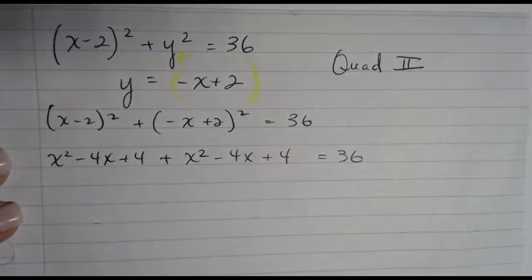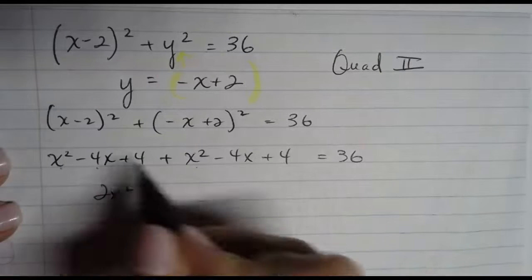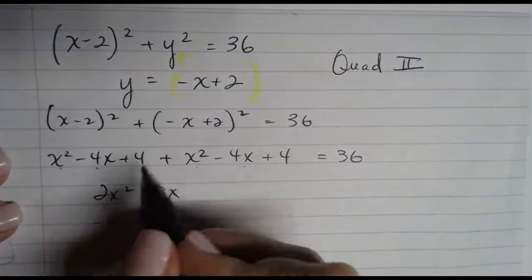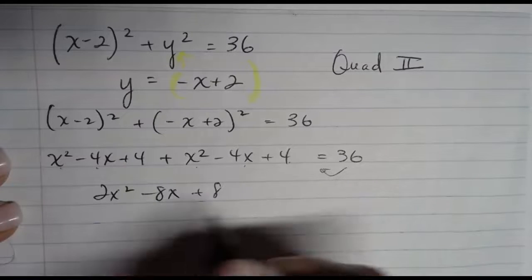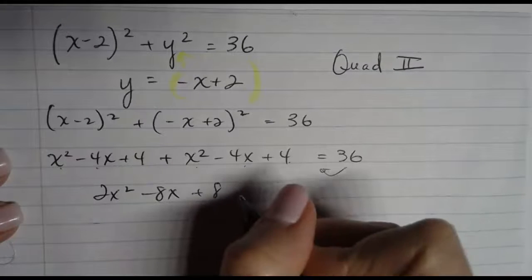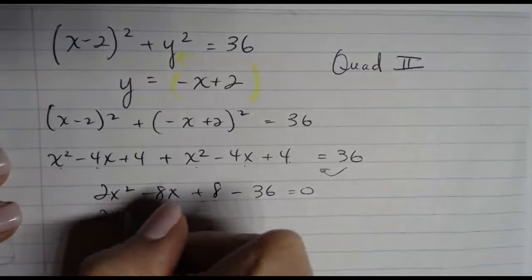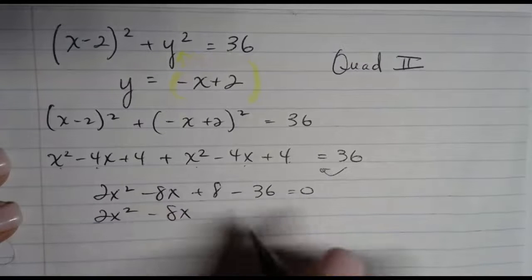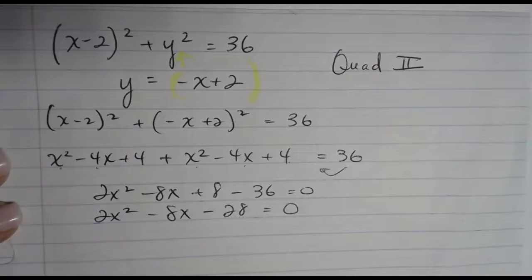From here, combine like terms. X squared plus x squared is 2x squared. Negative 4 and a negative 4 is a negative 8. 4 plus 4 is 8. And I'm going to bring this over because this is a quadratic equation. Anytime it's quadratic, we need to set it equal to 0. So minus 36 equals 0. This gives us 2x squared minus 8x minus 28 equals 0.